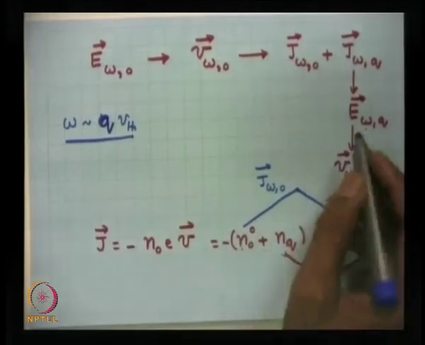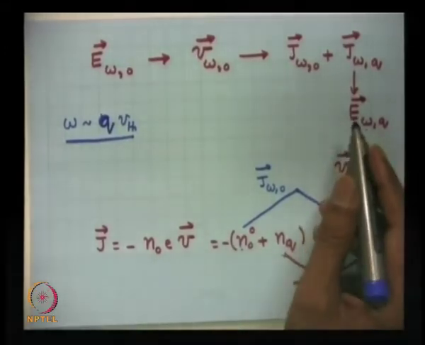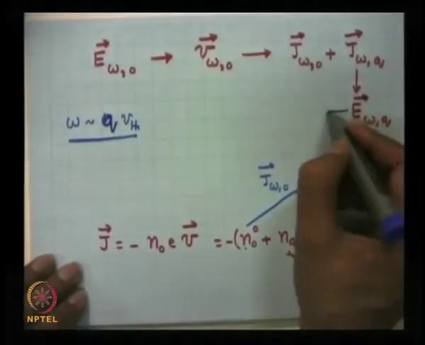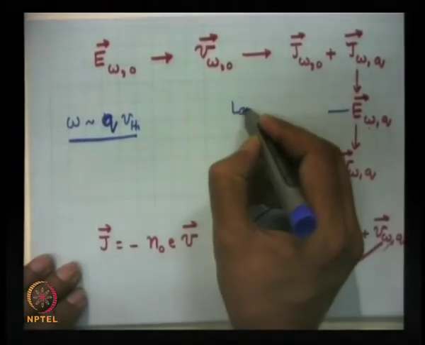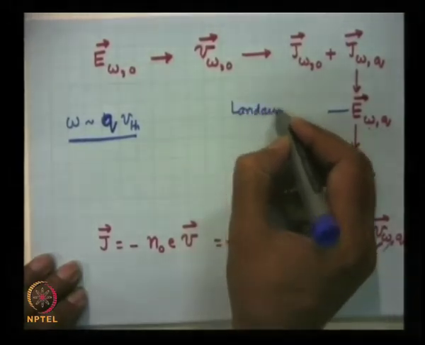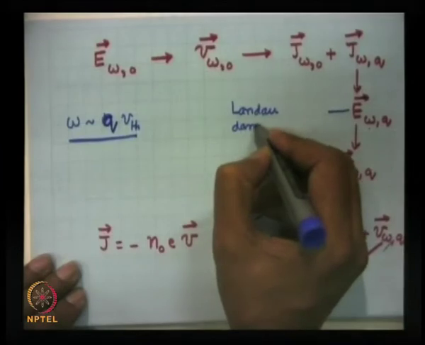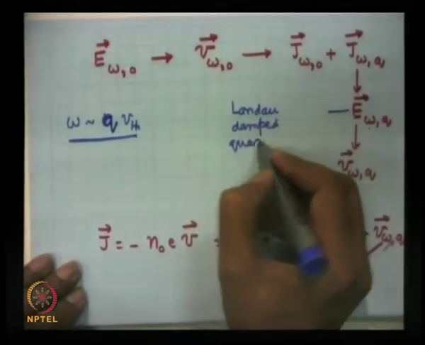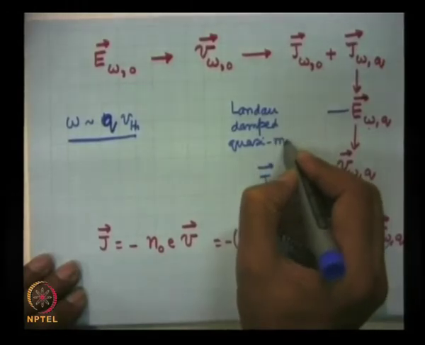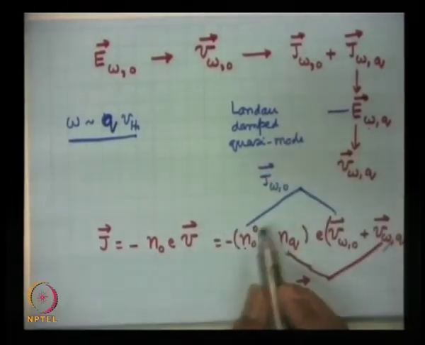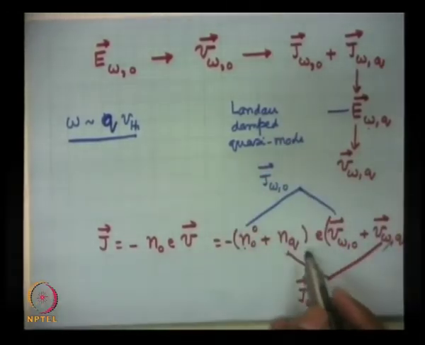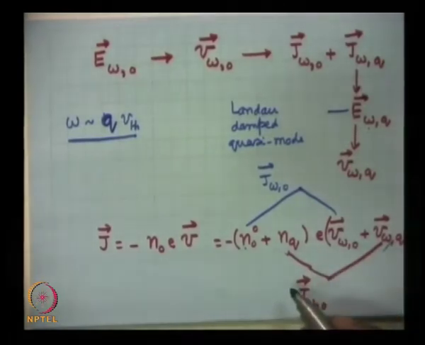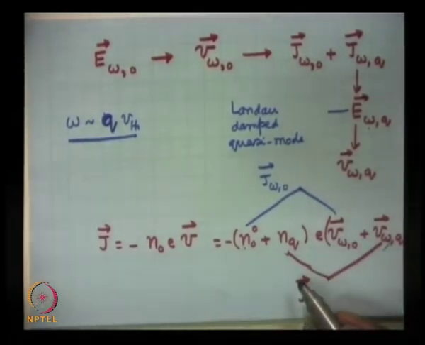So, this is a quasi mode which is Landau damped. So, I will call this a Landau damped quasi mode, and that gives rise to effective collisions or effective resistivity in the plasma.